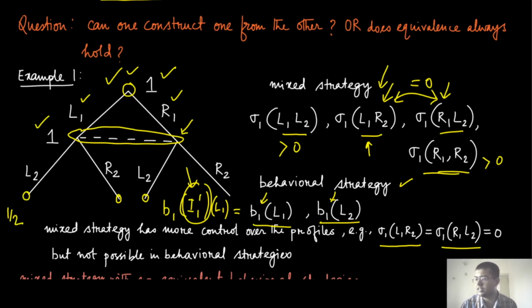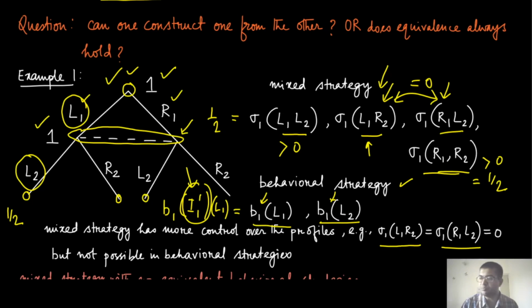If this probability is half and this is also half, you will have to carefully choose these probabilities. L1 and L2 both have to be positive, and both of them cannot be equal to 1, right?